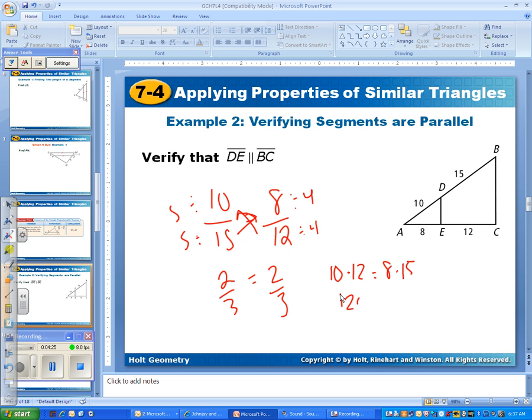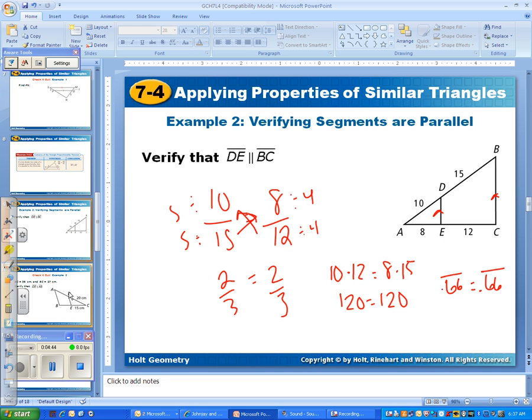So it would be 120 equals 120. Or you could just pop it into your calculator and say 0.66 repeating is the same thing as 0.66 repeating. Either way you want to do it, as soon as you figure out that they're the same, then you can say, ta-da, they are parallel by the converse of the triangle proportionality theorem.